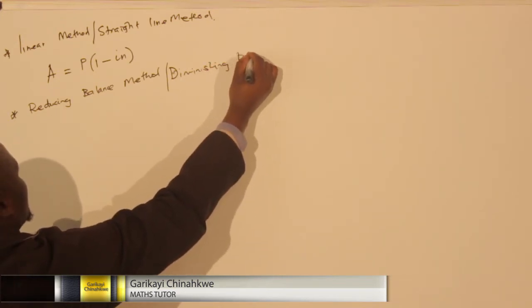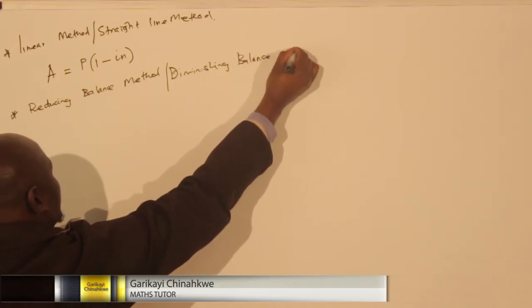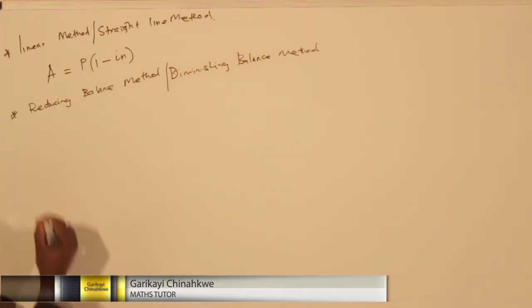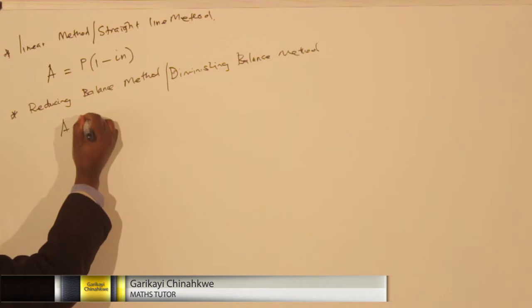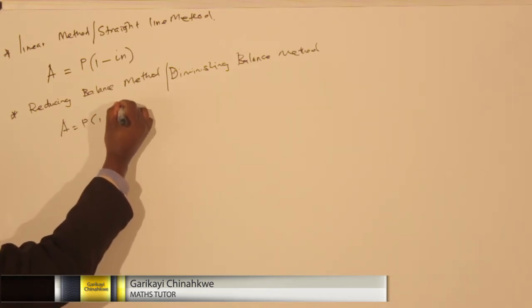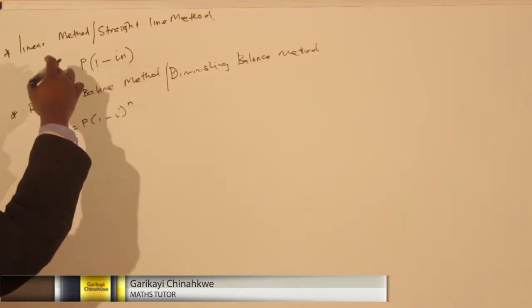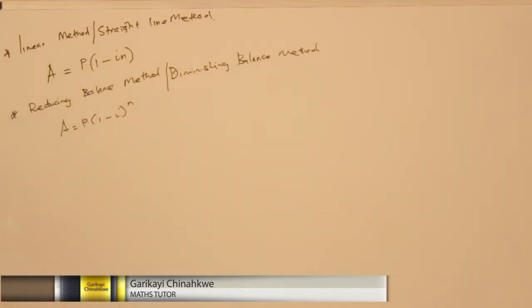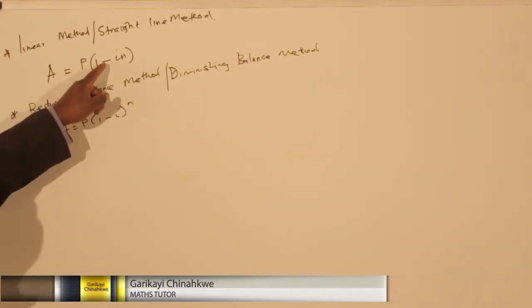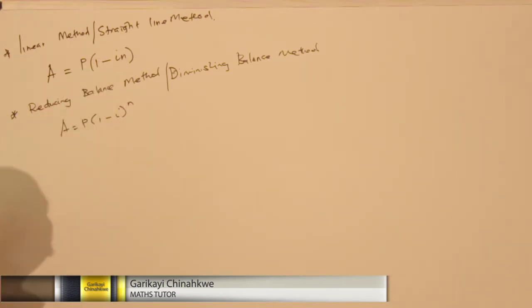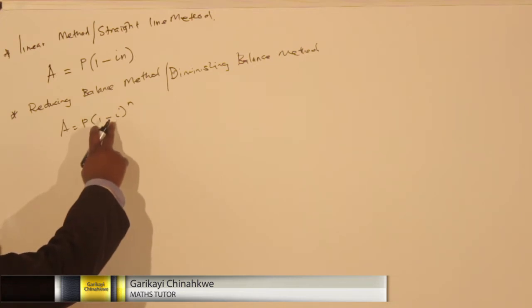All right, the diminishing balance method is given by A = P(1 - i)^n. If you can see, this one is similar to simple interest, but the difference is that on simple interest, this is supposed to be positive, but here it's negative, it's minus. Same story, this one is similar to compound interest, but this one is a minus.